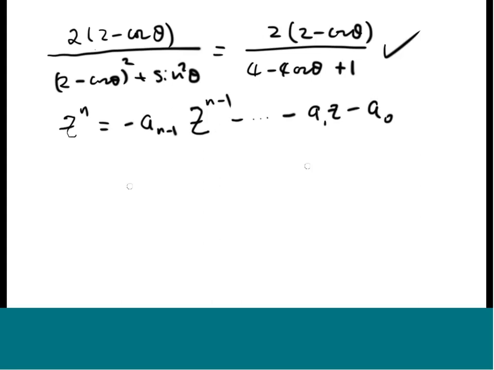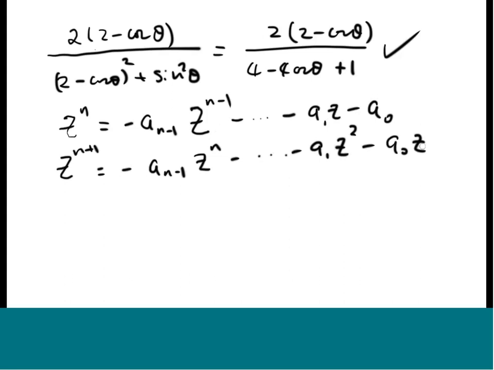So you multiply by z, then you get z^{n+1} minus a_{n-1} z^n, then minus a_1 z squared, equals 0, right?